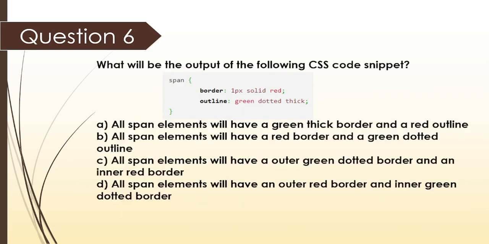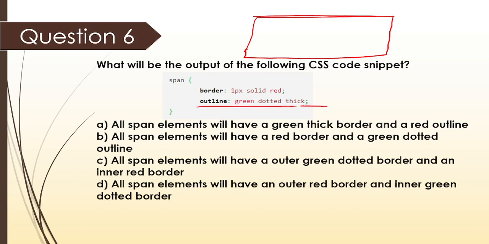Next question is, what will be the output of the following CSS code snippet? So here span is used, border 1px solid red, outline green dotted thick. Okay, so let's say we are talking about some span, meaning some area. At that particular area, we want a border with 1 pixel thickness. Solid means straight lines, okay, and red in color, outline green dotted thick.